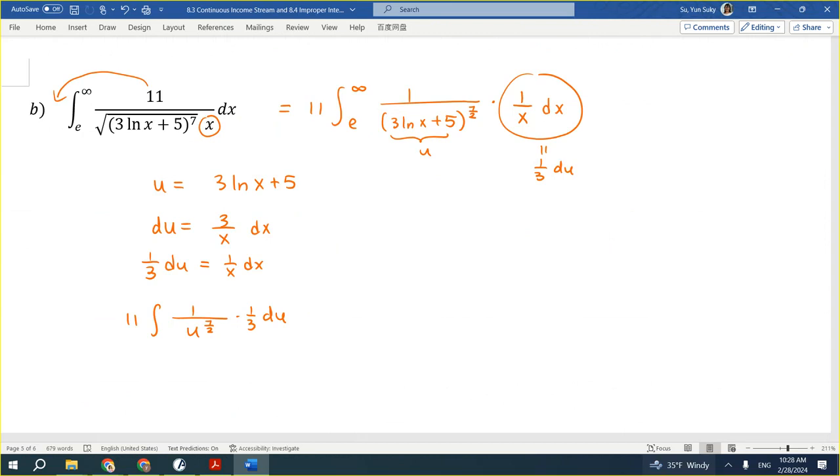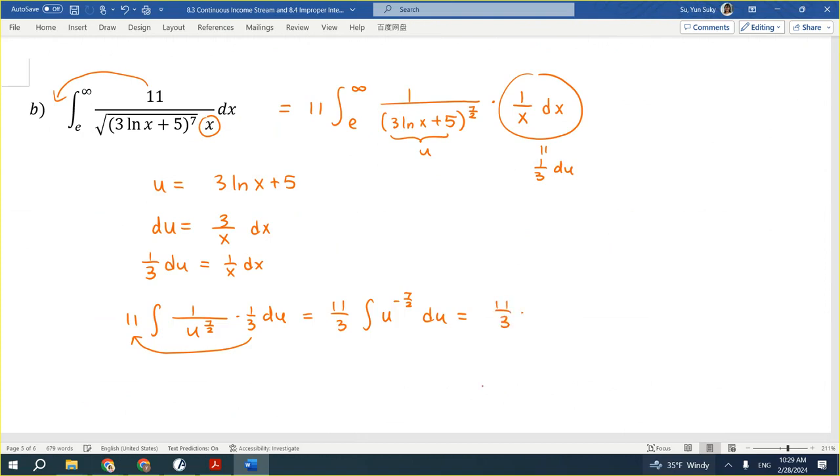Is everybody okay with that? Okay. Can we pull out the 1/3? Yes. So 11/3. And this is u to the what power? Negative 7 half. So every time you want to integrate a power function, you want to make it the standard form. If it's in the denominator, make it in the numerator and have a negative exponent.